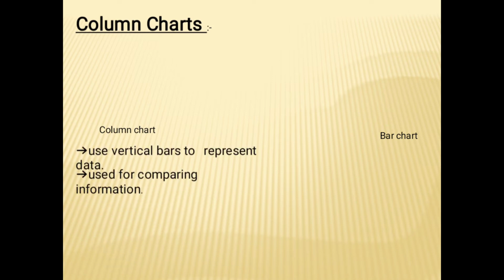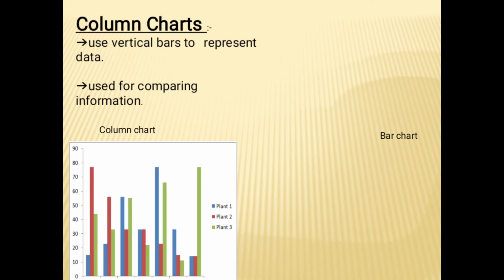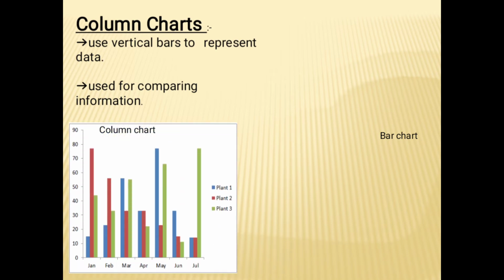First one, column chart. What do you mean by column chart? Column charts use vertical bars to represent data. It's mainly used for comparing information. Here this is your column chart.